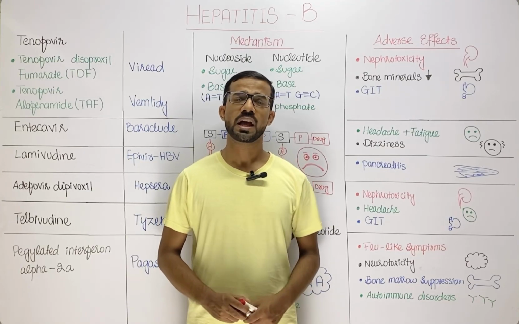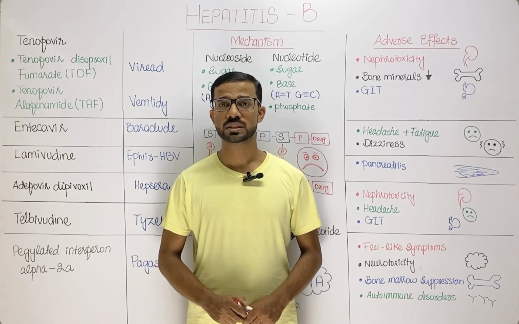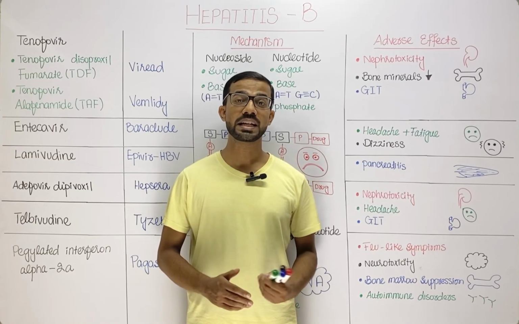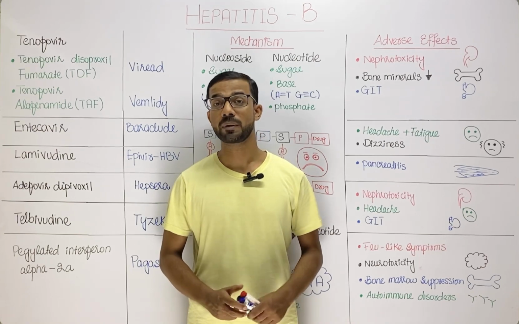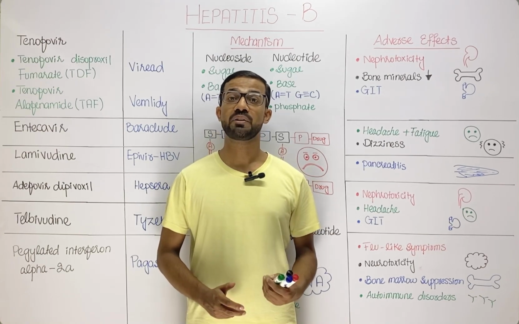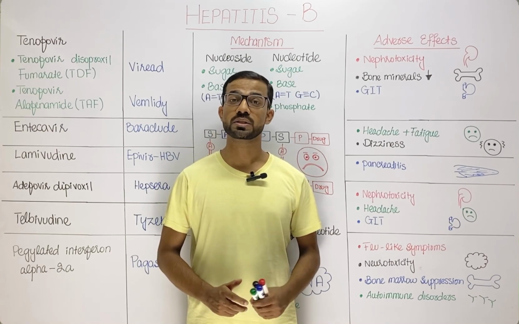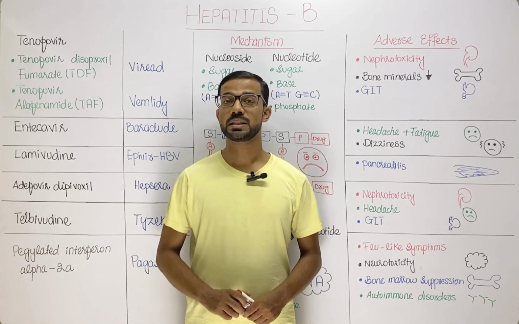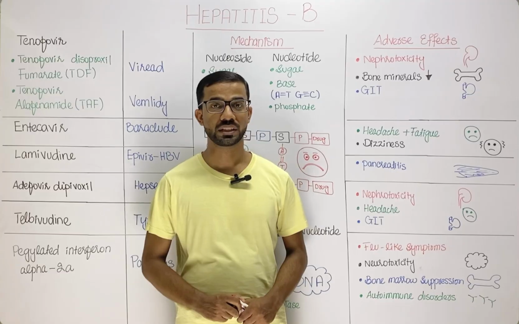But the question is, then why do we use these drugs in the treatment of hepatitis B? Because it prevents severe complications like liver inflammation, cirrhosis, and hepatocellular carcinoma. So that is the important thing which you have to remember about these drugs.